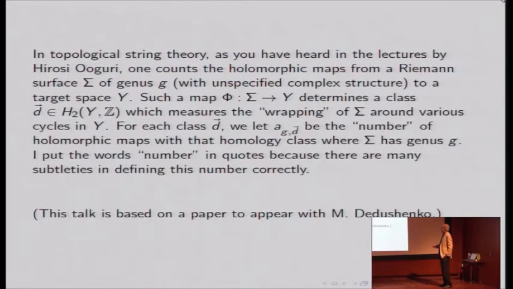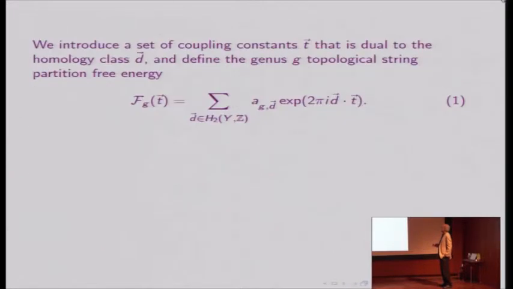So we had these winding numbers for the worldsheet. We introduce a set of coupling constants that's dual to the homology class. And then we define the genus G topological string free energy. I started to write partition function, but partition function would usually be the exponential of the free energy. What I'm defining here is better called the free energy.